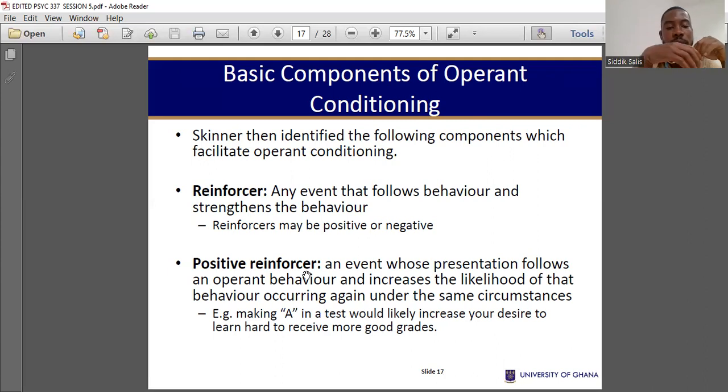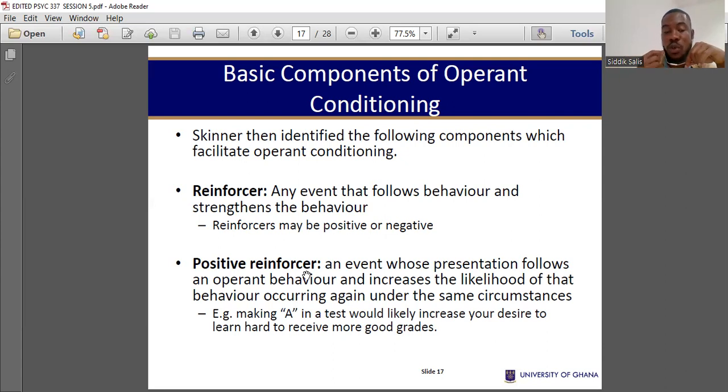So, what are reinforcers? A reinforcer is something to motivate you, to strengthen the behavior after you've done something. So reinforcers are used to motivate or strengthen a desired behavior.